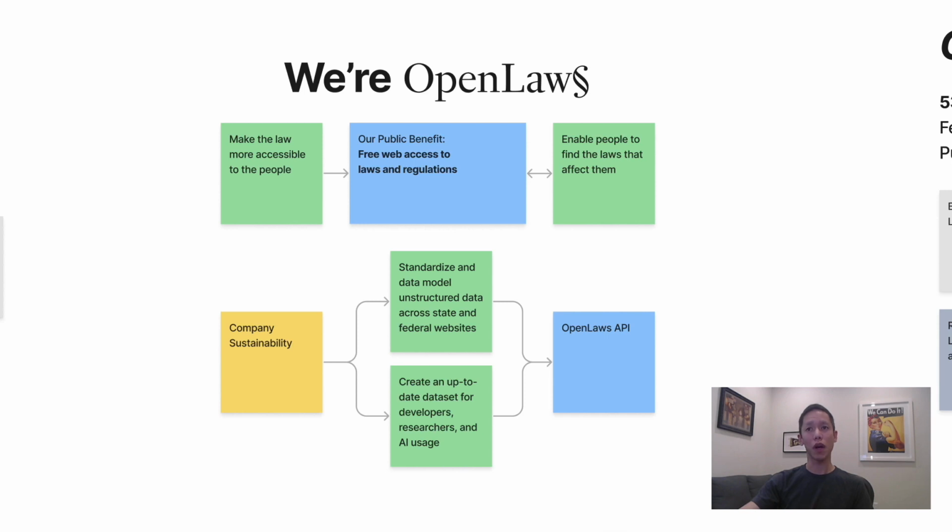And so we formed a company called OpenLaws, with the intent that we wanted to be able to provide free access to the laws and regulations of this country, but really be able to help people find the laws that affect them on a day-to-day basis. And for folks that needed to build things like us, we really wanted to create a really good data set for people to use in order to build applications that use law data.